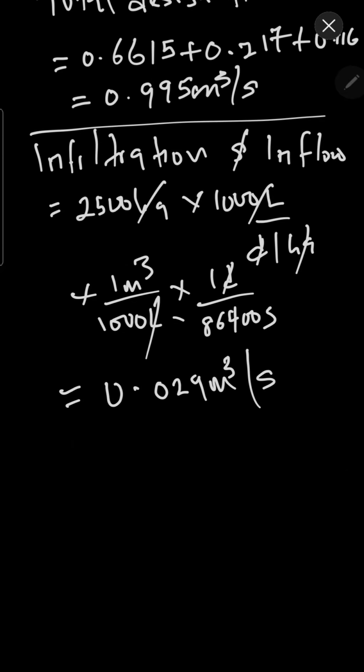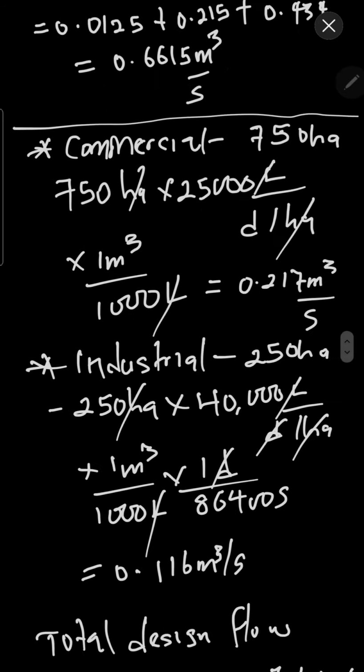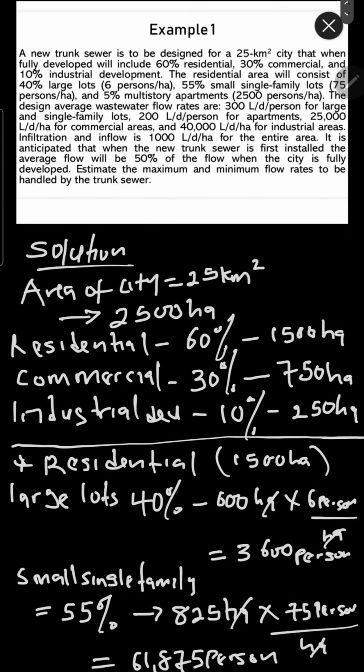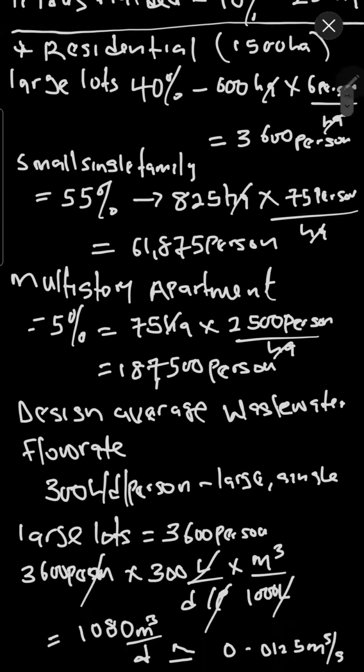So at the beginning, it was stated that it is anticipated that when the new trunk sewer is first installed, the average flow will be 50% of the flow when the city is fully developed.